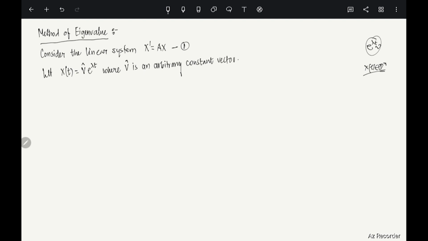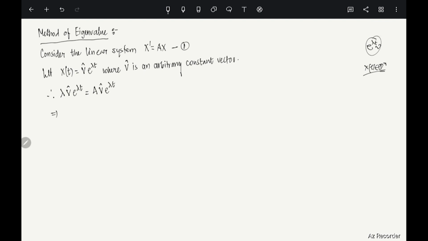Now, if this is a solution of this problem, then of course it solves equation 1. If it solves 1, what is x prime of t? It is nothing but lambda v e to the power lambda t, and that will equal what? A remains A, and x will be replaced by v e to the power lambda t.